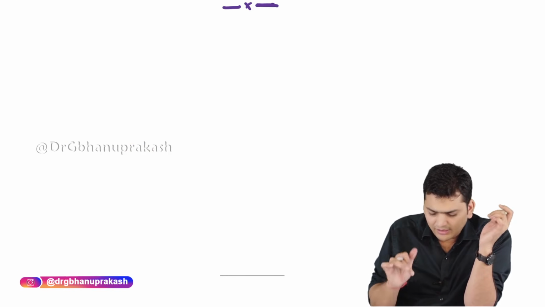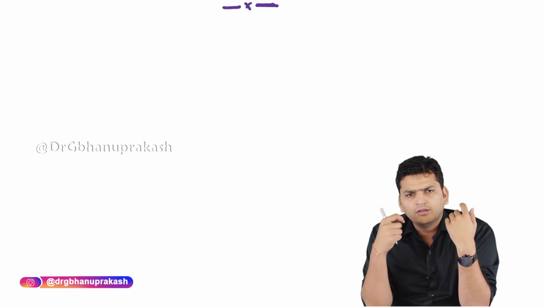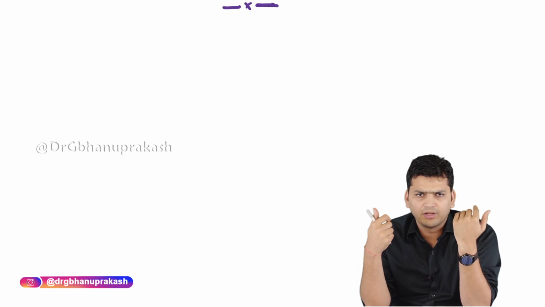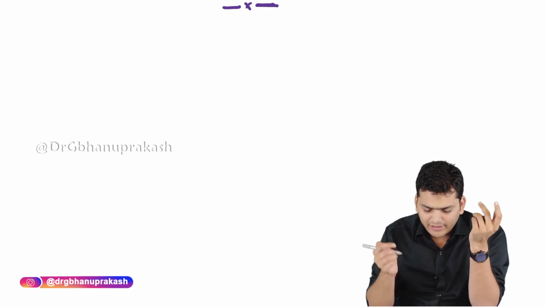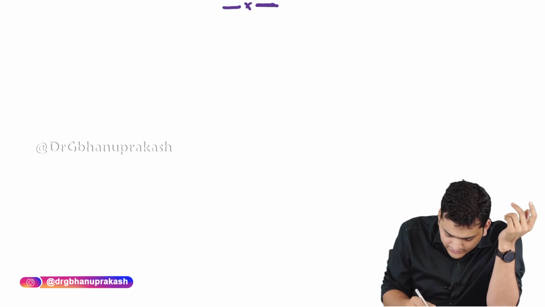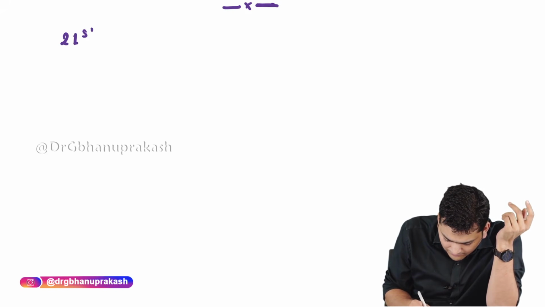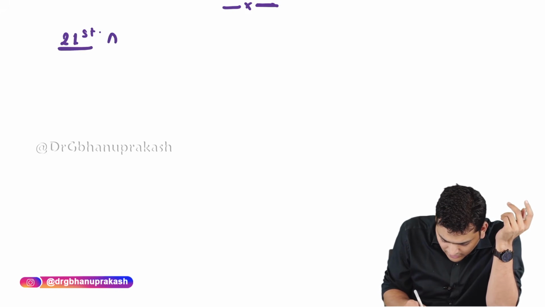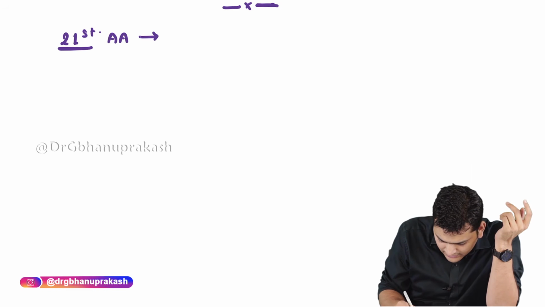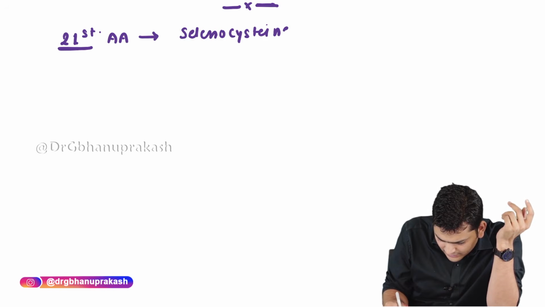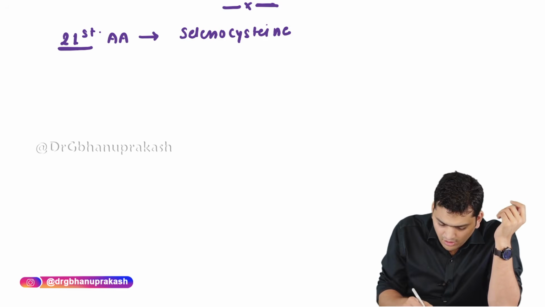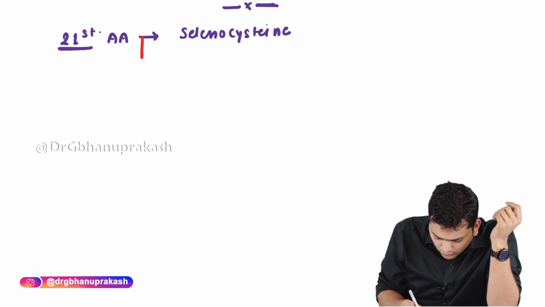As I was saying earlier, we have only 20 types of amino acids. Now we have added the 21st and the 22nd amino acid. So we should know a few details regarding them. The name of the 21st amino acid is selenocysteine. If they ask what is the codon, we do not have to remember all the codons.